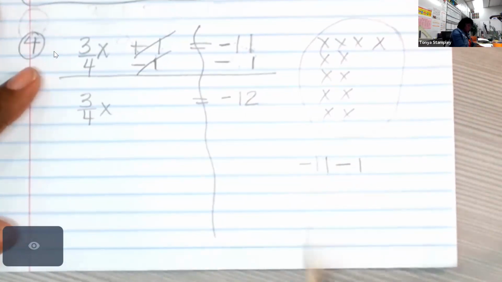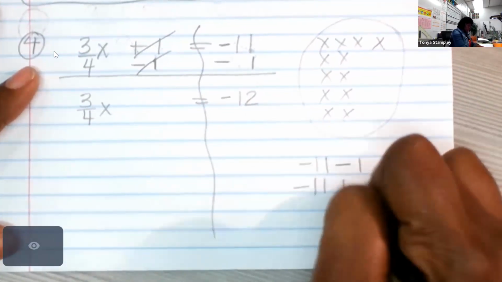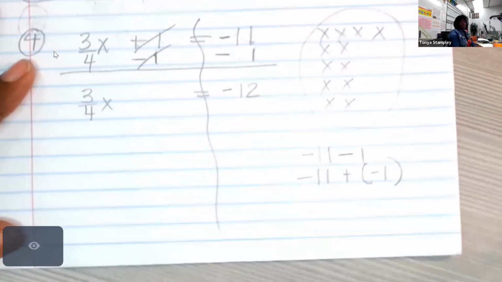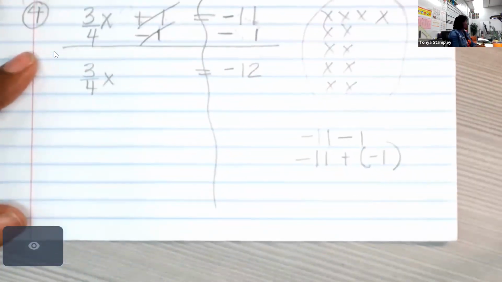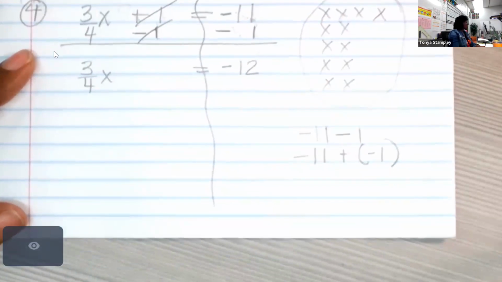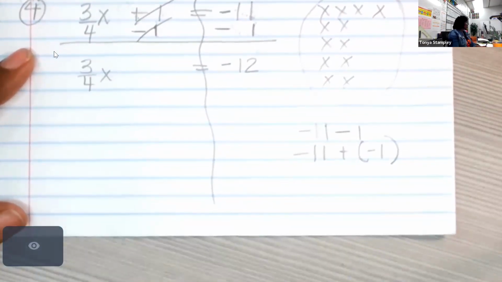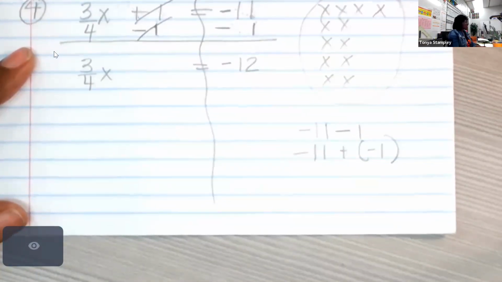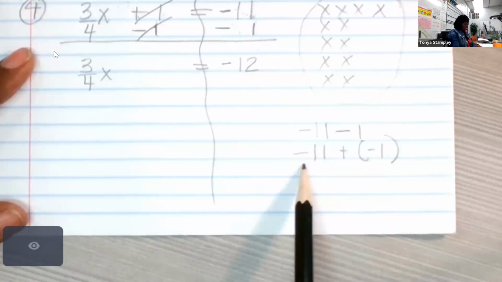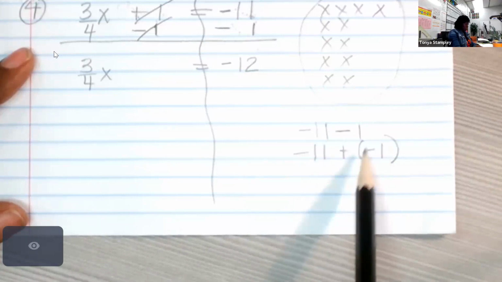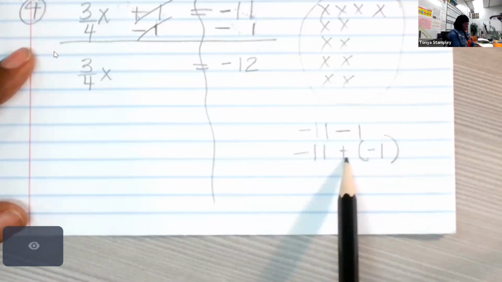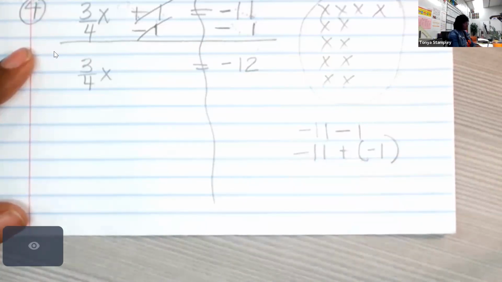Negative. What about this? Is this the same or different? Why? Y'all just saying same just because you think it is, or that says -11 plus -1. I use the parenthesis. That's not multiplication if you got a plus sign there, right? It's just separating the plus from the minus sign.